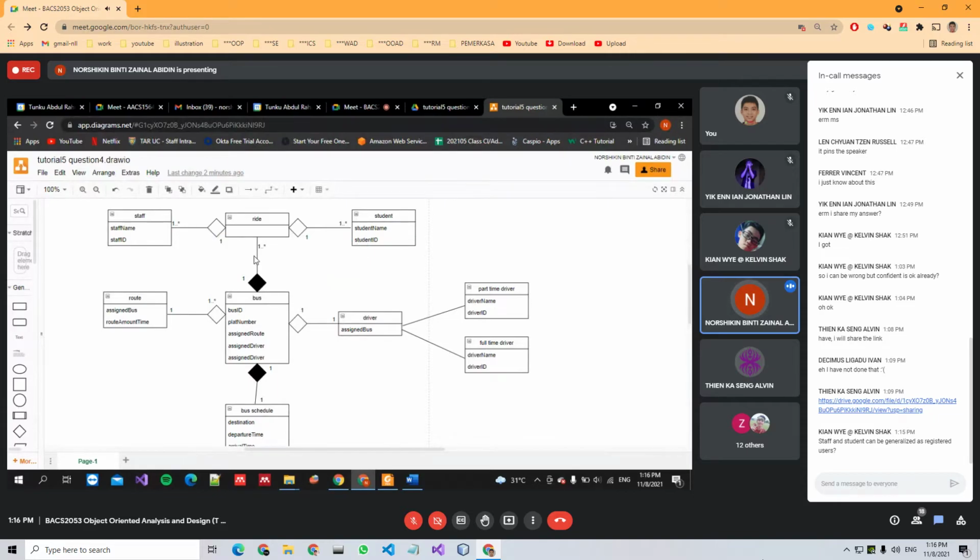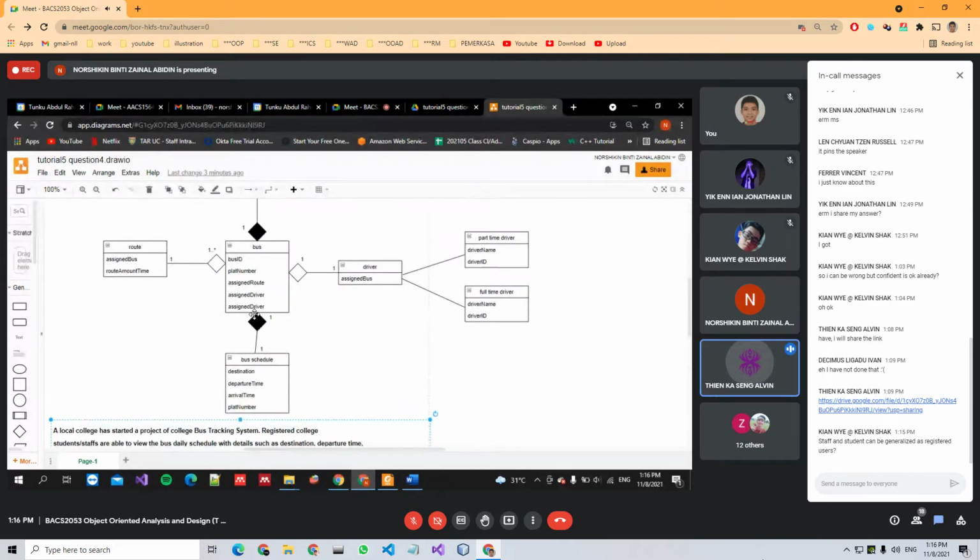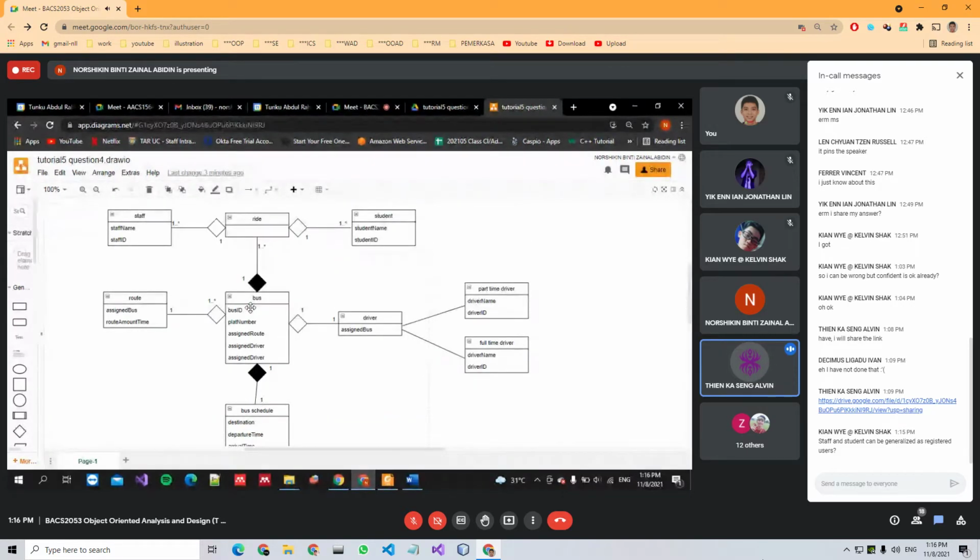So let's move to the second association, because student and staff can ride the bus, and this is the association between this class and the bus, right? You explain first. It is aggregation, because if they don't have the bus, they also cannot ride.